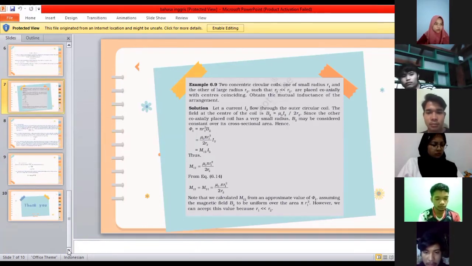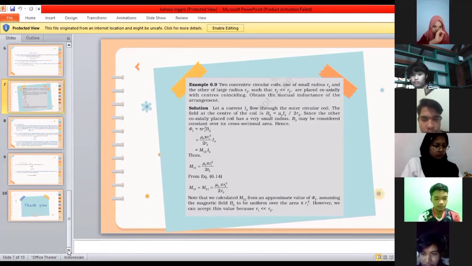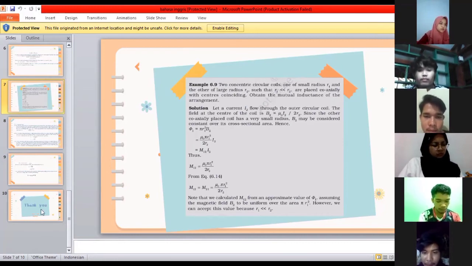Hence, note that we calculate an approximate value, assuming the magnetic field to be uniform over the area of the smaller coil.